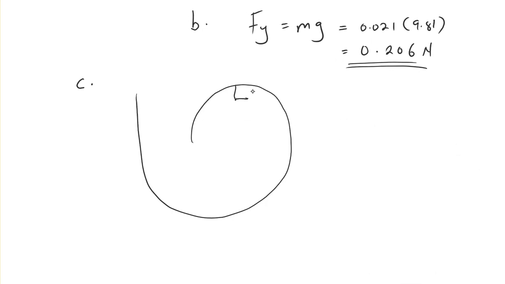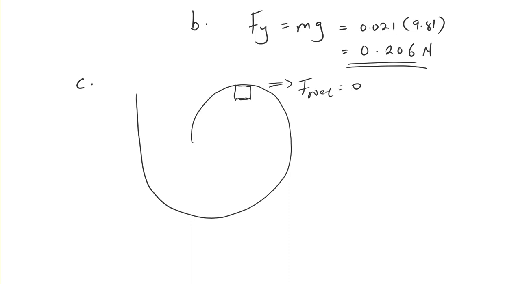So at this top, if the block is at the verge of losing contact with the loop, it implies that the net force here is equal to 0. F net equal to 0.